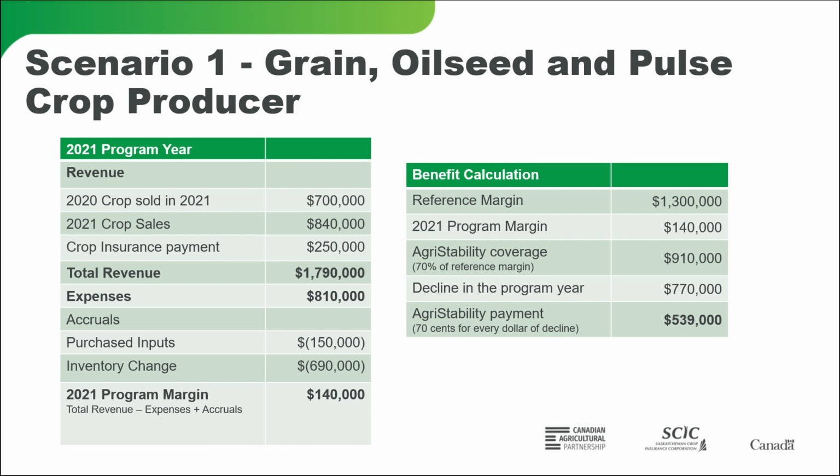So that is the difference between $910,000 and the 2021 program margin of $140,000. AgriStability pays for this 2021 program year 70 cents on the dollar. So the benefit that was sent to the producer was $539,000.